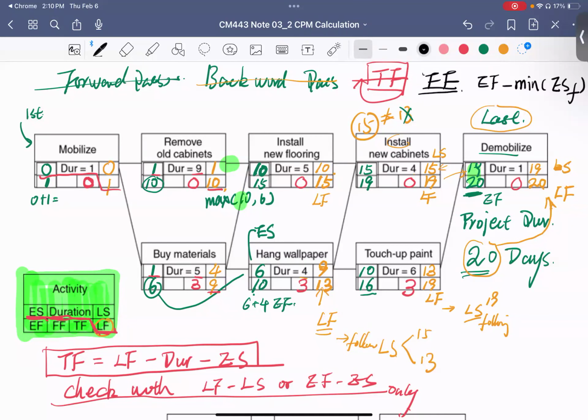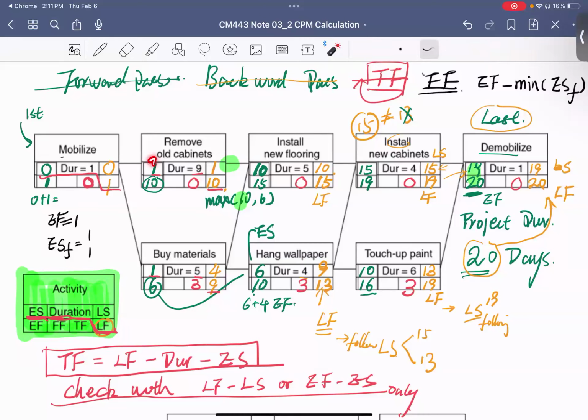So for this one, the mobilize, the early finish time is 1, so EF is equal to 1. And then we're looking for the early start times of the following activities. These are 1 and 1.